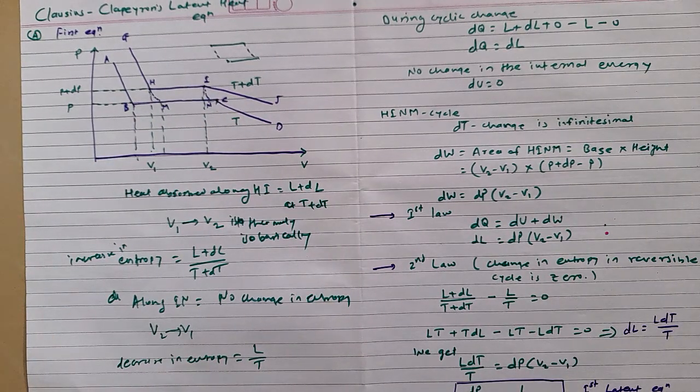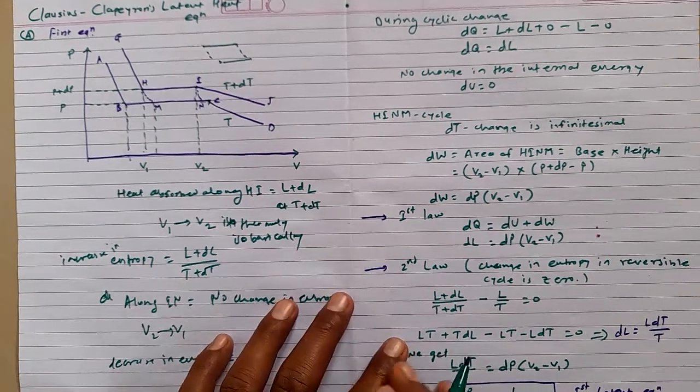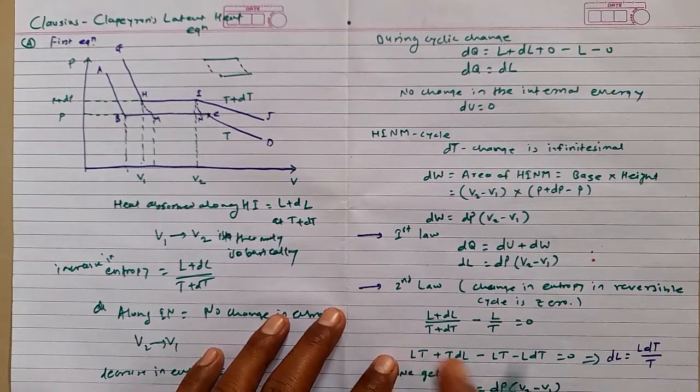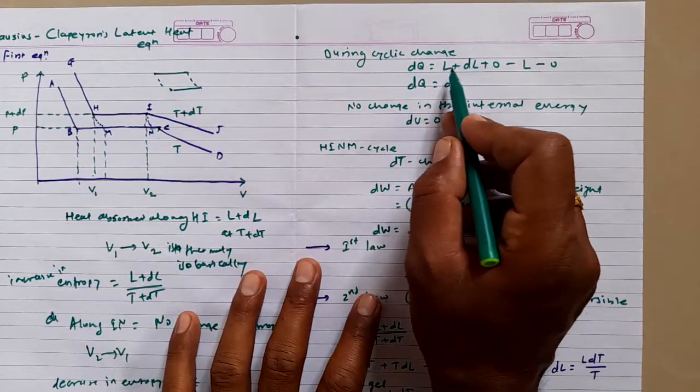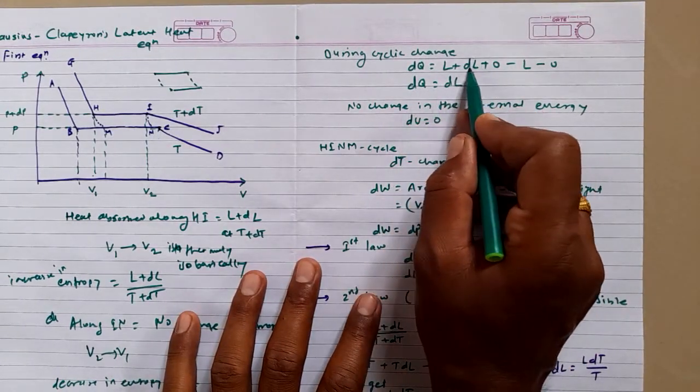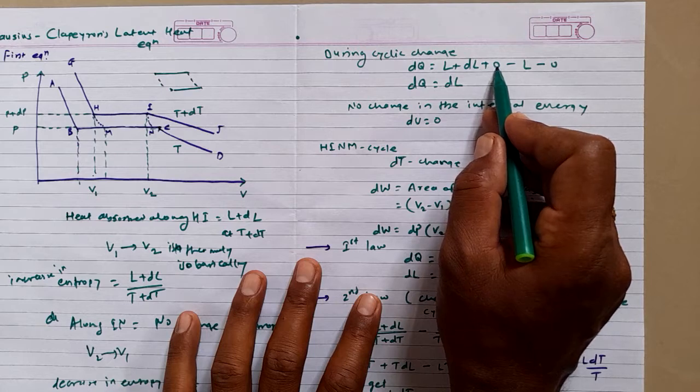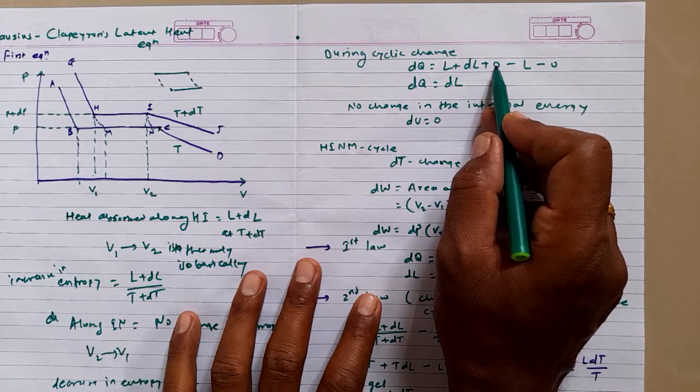So during this cyclic change, the net amount of heat absorbed by the unit mass of the substance is dq equal to L plus dL minus L, with no work done in terms of internal change.